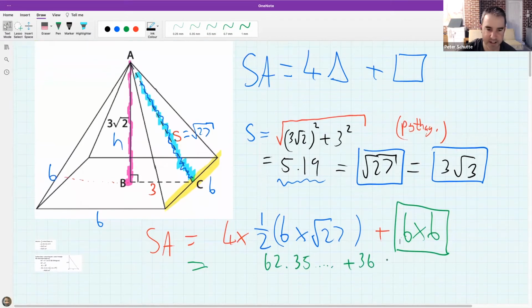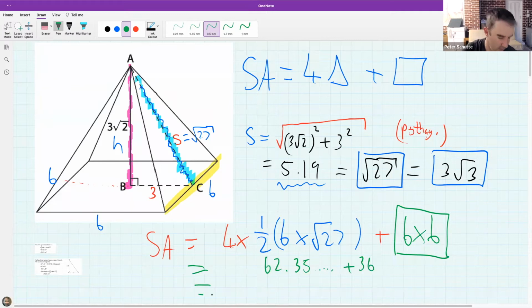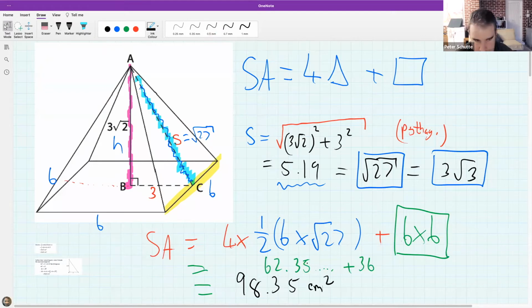So what's my final answer going to be? Aha, I think you are on the right track. It's going to be 98.35. And it's in terms of the units. I think it was centimeters, so it would be centimeters squared.